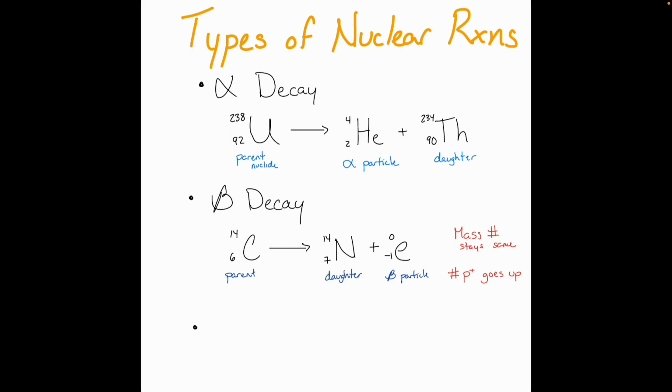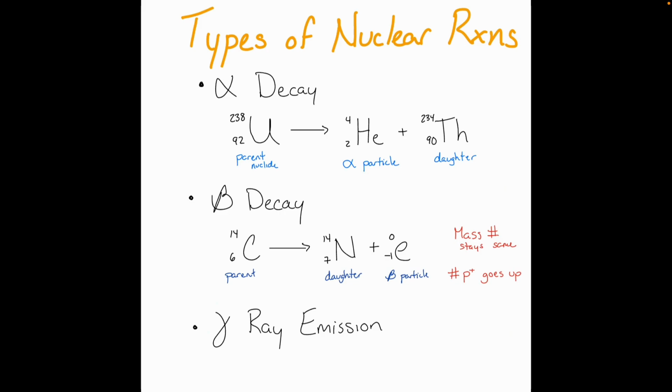Our next category, again, going down the Greek alphabet, is what's called gamma ray emission. I think I misspoke. It's not an electron that gets converted to a proton.